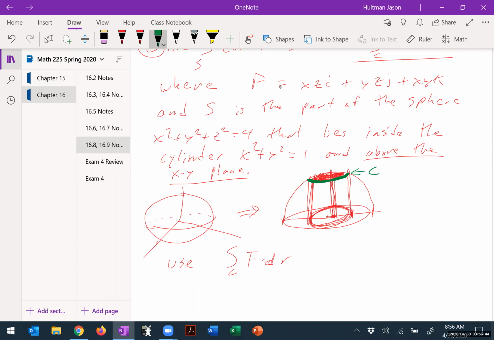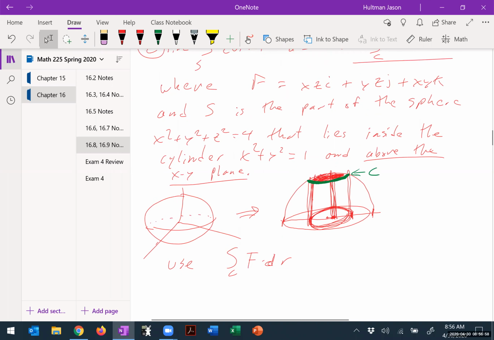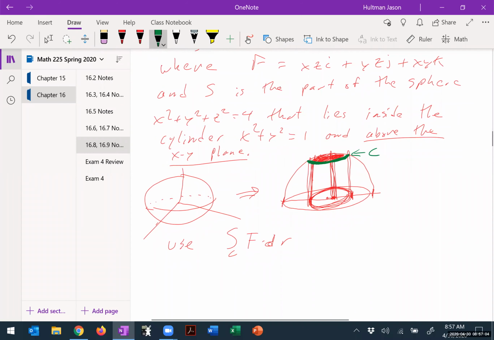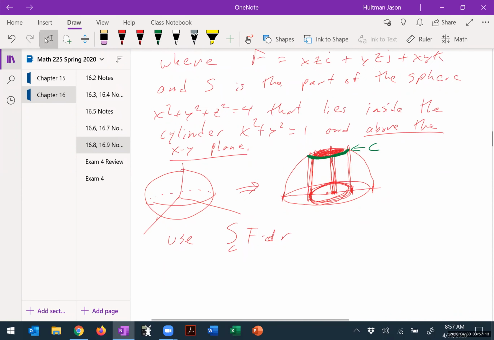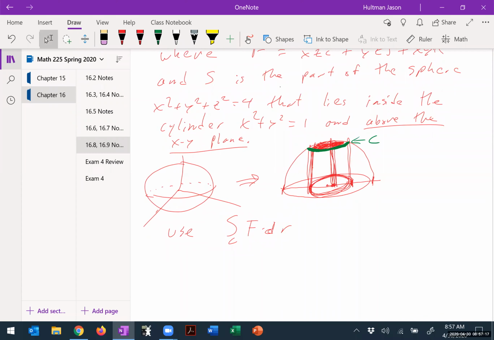So how are we going to get that equation for C? What is C going to be? We have F. F is given to us in i, j, k, but I'd really like to use this to get the curl, and I want to parameterize the function as well. So let's do that.